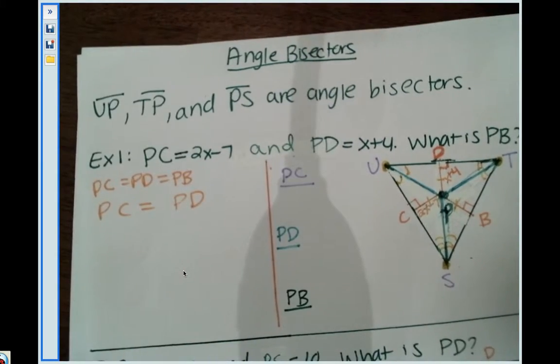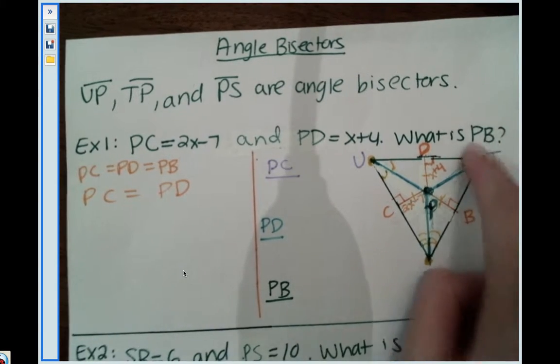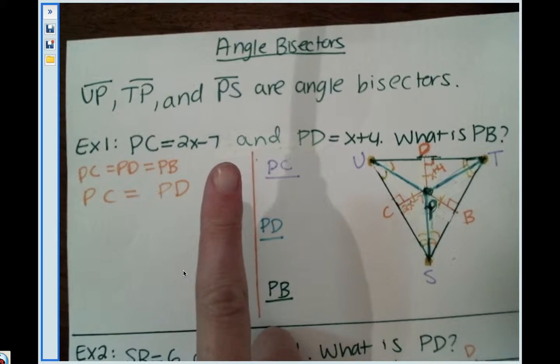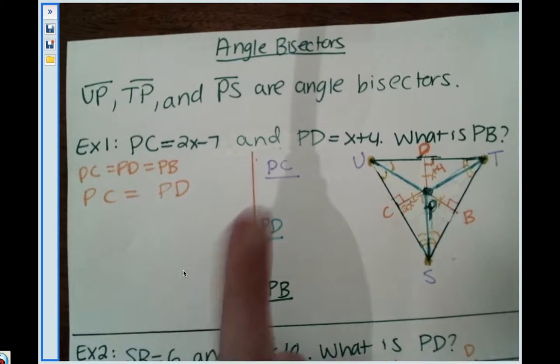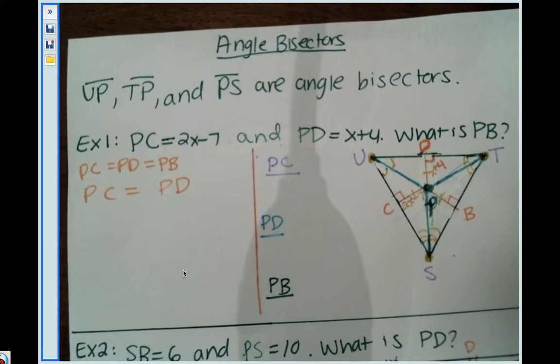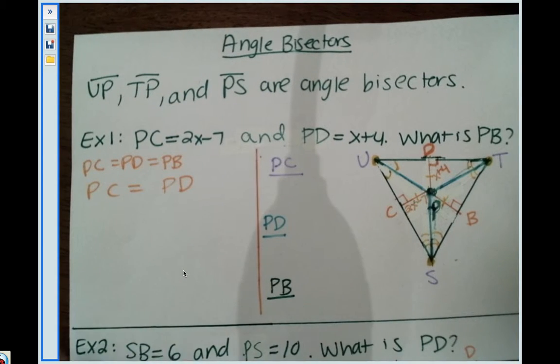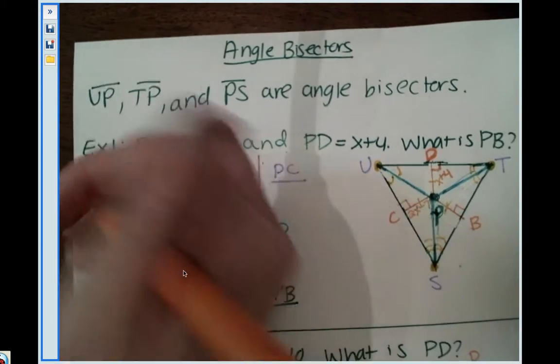But remember, in geometry, you are not necessarily done when you solve for x. You eventually have to find PB. So when you find x, you're not done. Watch yourself. The demon cats will get you if you think you're done when you solve for x. So you better be careful. Alright, so let's start filling this in. What is PC? Holy hot dog, it is 2x minus 7.